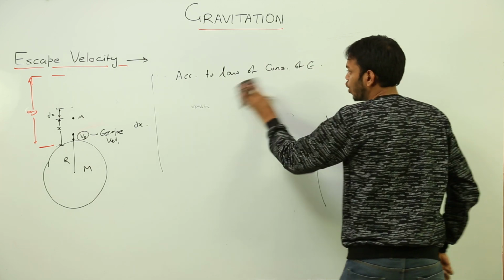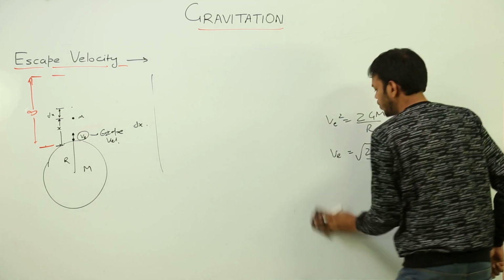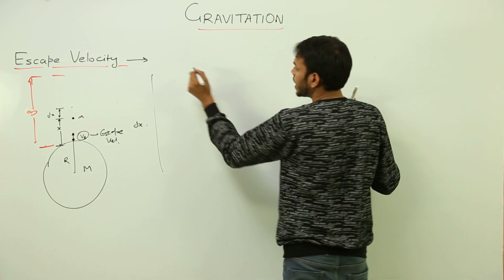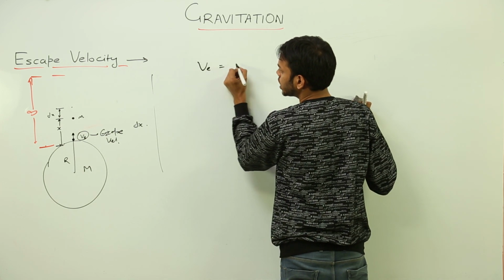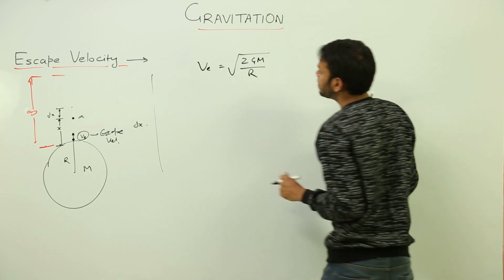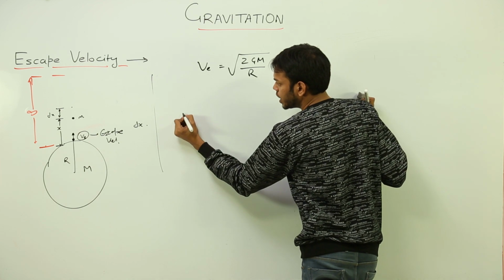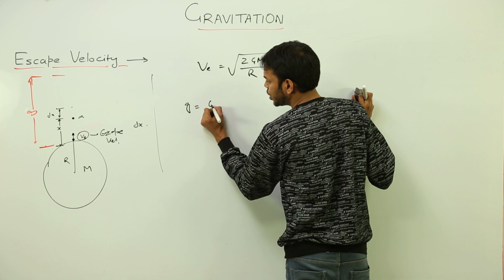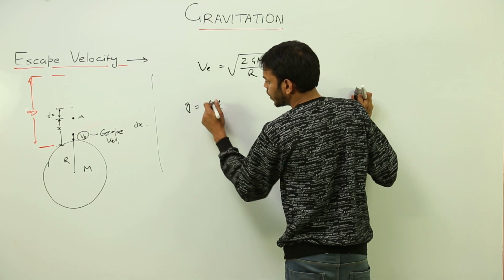What I wanted to tell you is there are other formulas for v_e, that is escape velocity. The formula we just figured out was under root 2GM over r, right? Okay, let's change it. What is g? This is GM over r square.